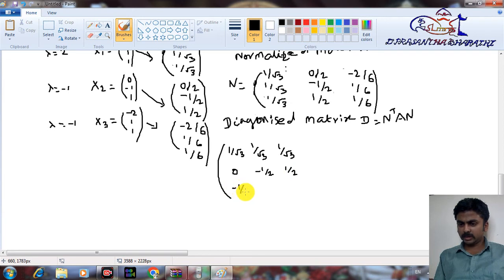It will not affect the result of the product of the matrices. So 1 by 6 and 1 by 6.